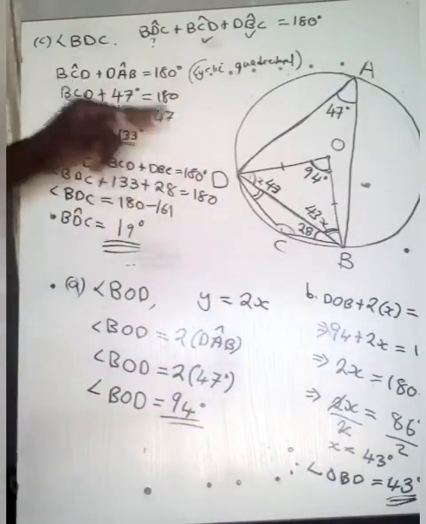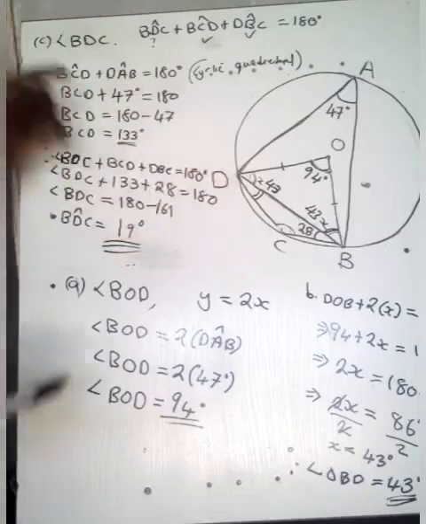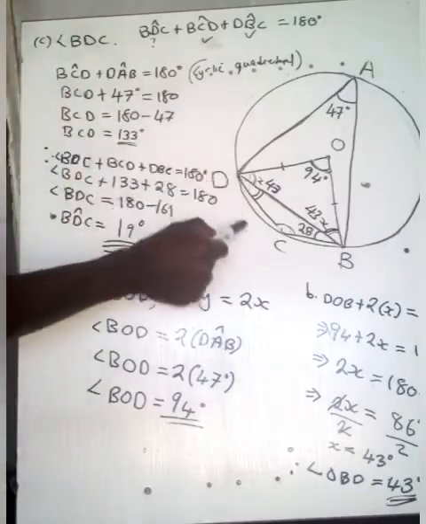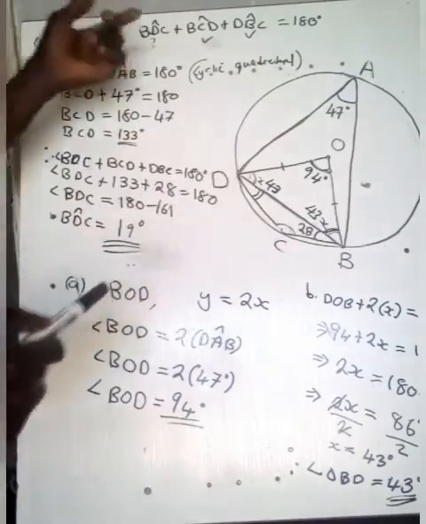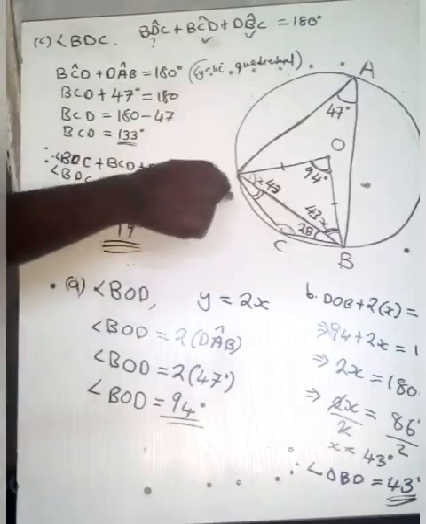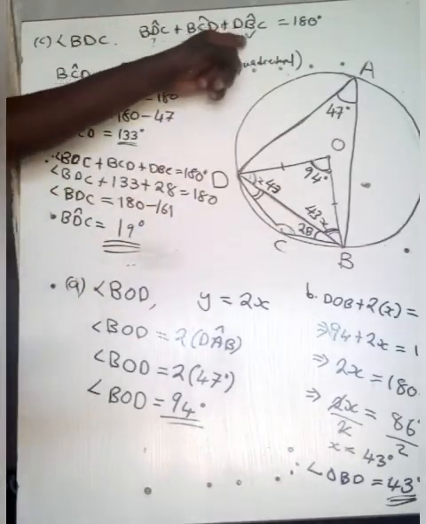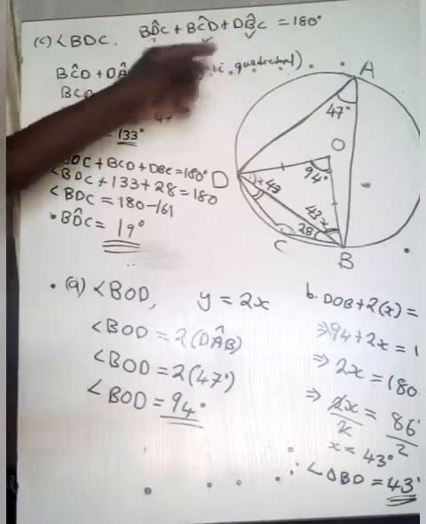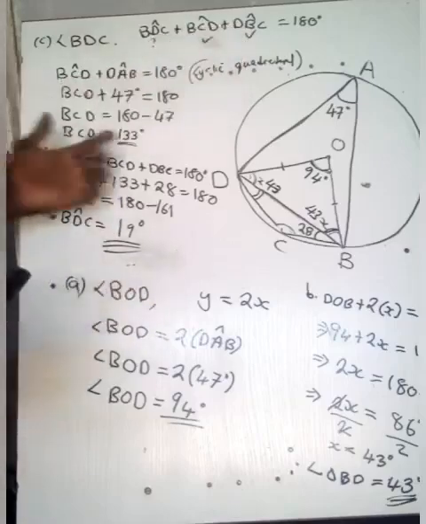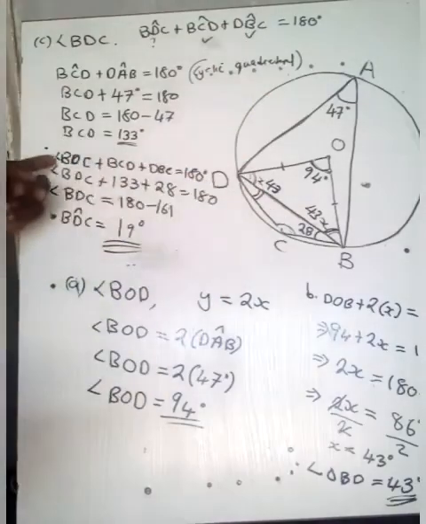For us to find BDC, first we know that taking this small triangle DBC, when we add all three angles in this triangle, they will give us 180. But the problem is that we were given DBC, but we never had BCD. But we could calculate BCD using the principle of a cyclic quadrilateral. After we found it, we put it in here and calculated 19. That's how you could calculate this question.